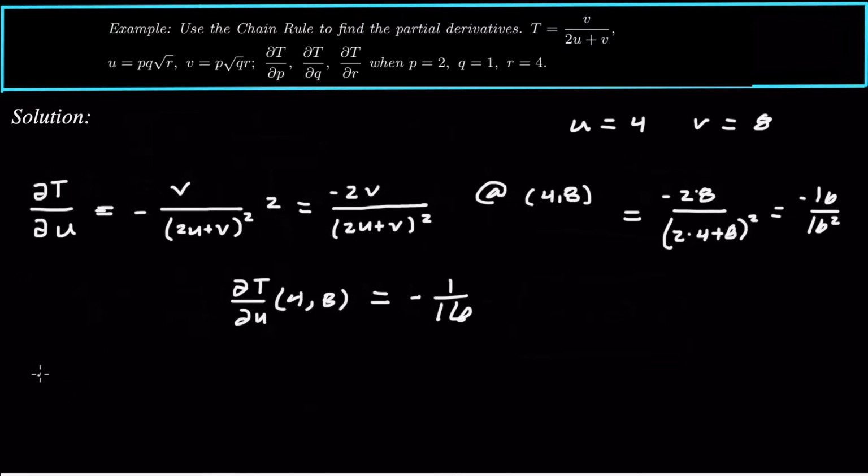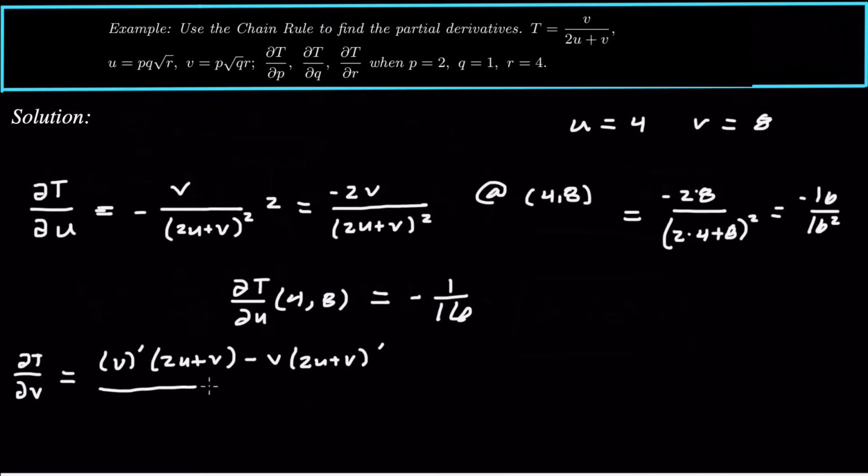And for the next term, partial t, partial v, we need to calculate a partial derivative of this function t with respect to v. And to do that, we're going to need the quotient rule. So we differentiate v with respect to v, multiply that by 2u plus v, minus the top, in this case v, times the derivative of 2u plus v with respect to v, over the denominator squared, so in this case 2u plus v squared.